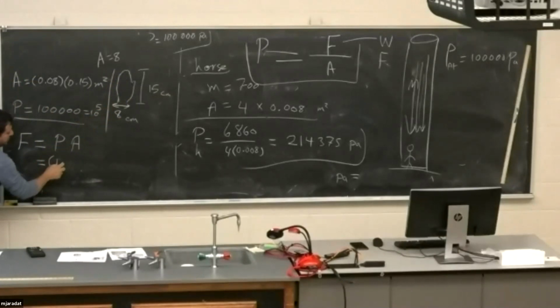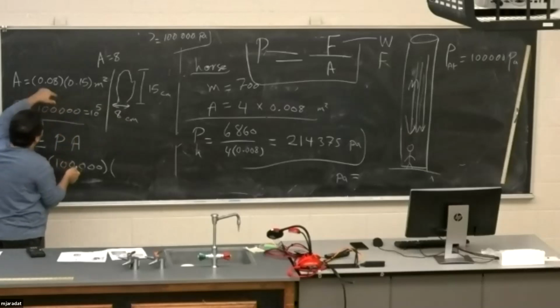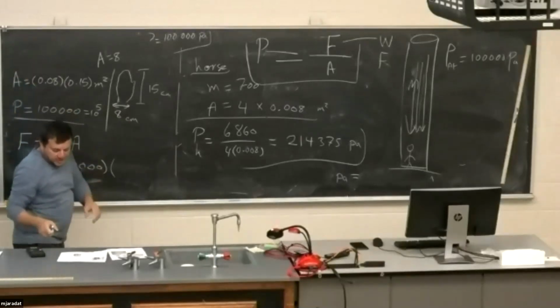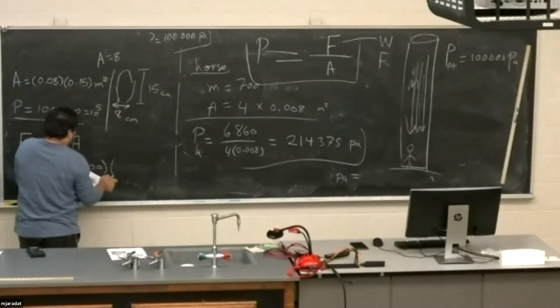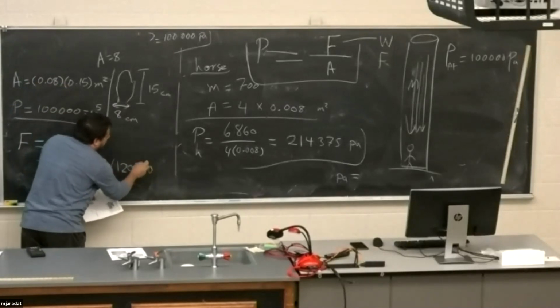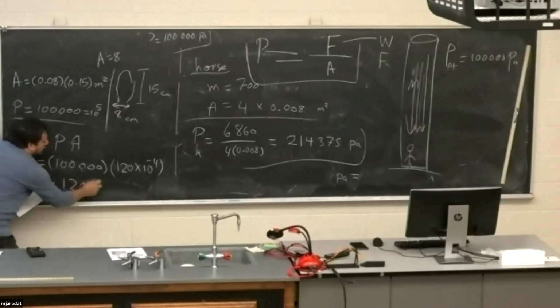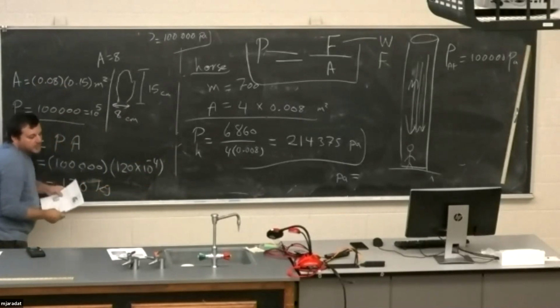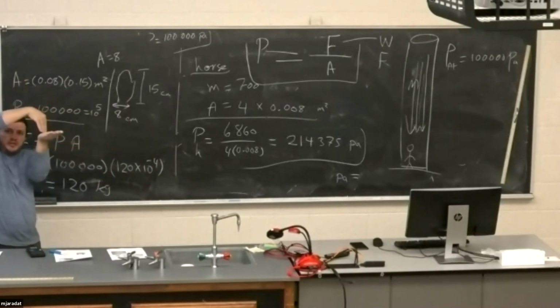The pressure is 100,000, multiplied by the area, which is 120 multiplied by 10 to minus 4. This will be equal to 120 kilograms.